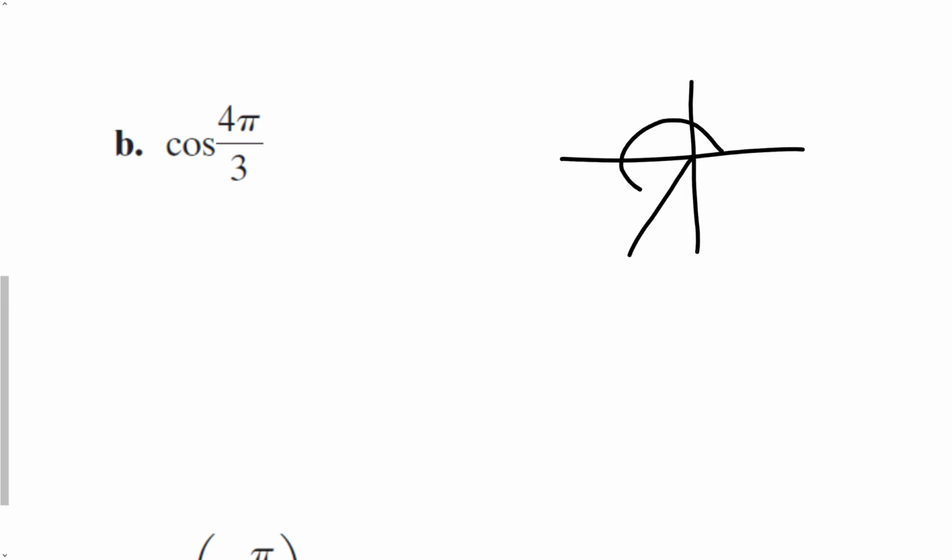So 4 pi over 3 is going to be right there. Now that makes this distance 4 pi over 3 minus pi, and that makes the reference angle pi over 3.